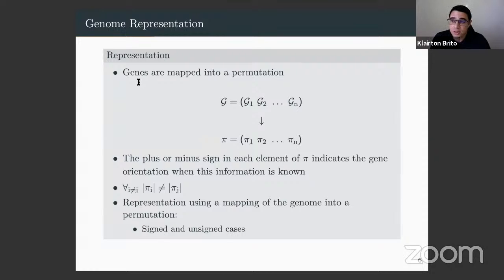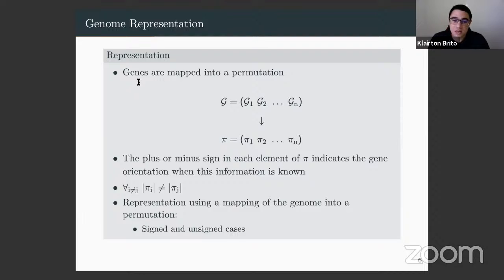And to indicate the orientation of the genes, we associate a plus or a minus sign with each element of the permutation, representing then the orientation of the genes. Since we are working with permutations, we assume that there are no duplicated genes in the genome. And in the case where we know the orientation of the genes, we have the signed case and we obtain a signed permutation.